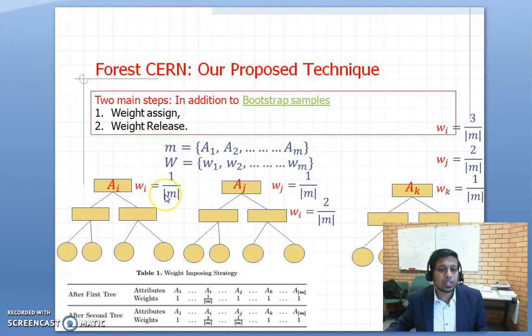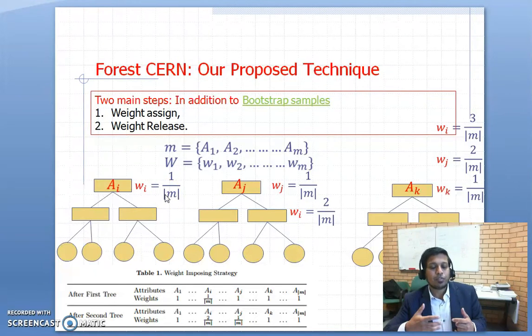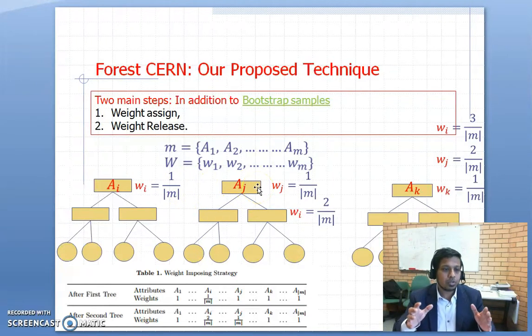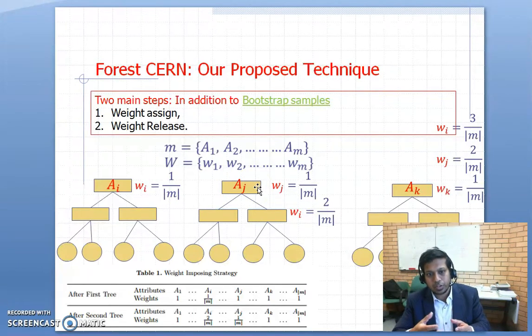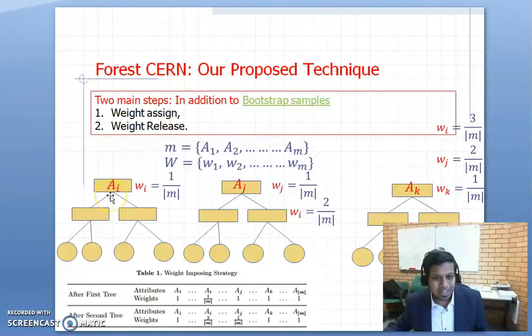So what happens with this weight is that for building the second tree from the second bootstrap sample, we calculate the gain ratio or Gini, whatever the selection criterion for choosing an attribute, as usual, but then we multiply that by 1/m for the attribute Ai, the attribute that was tested in the first place.